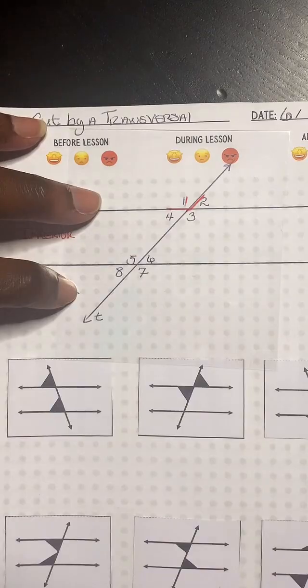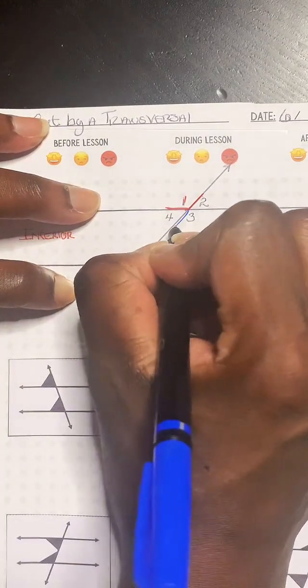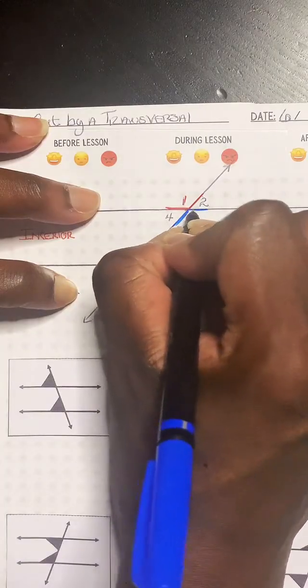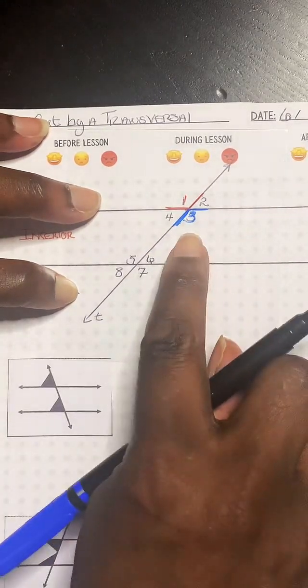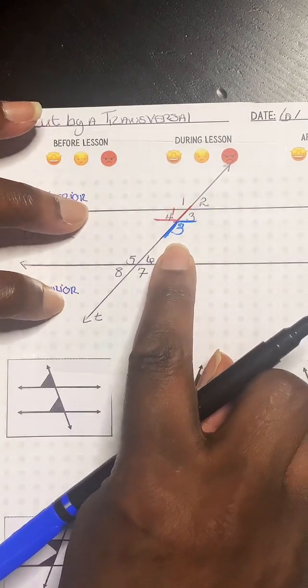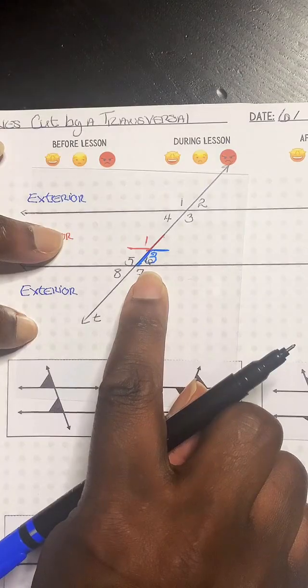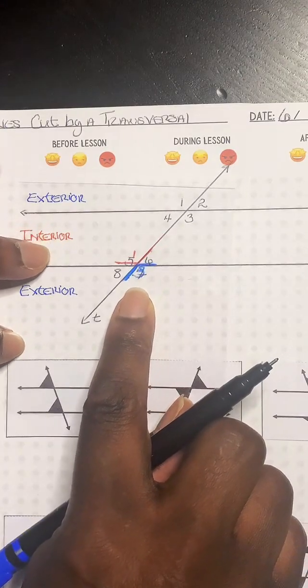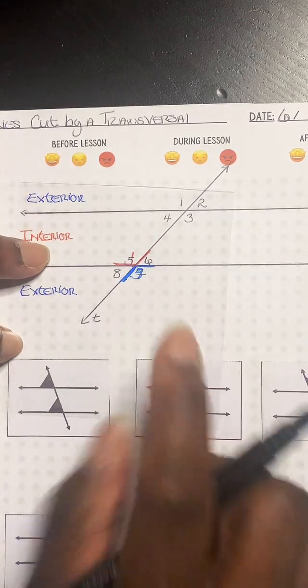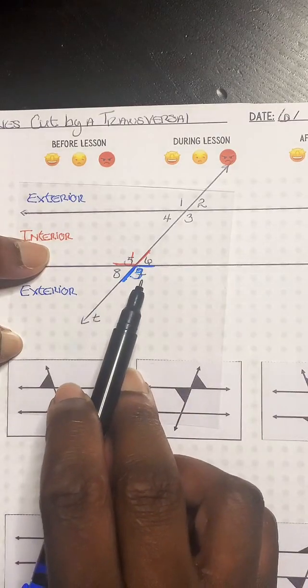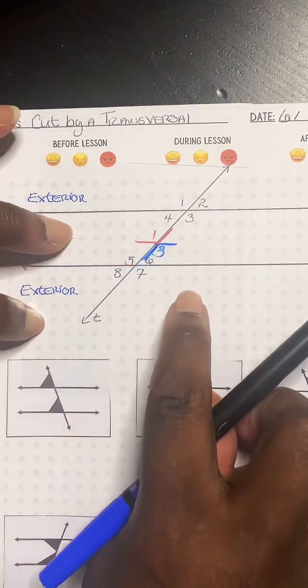So let me see if I can copy angle 3. If I look at angle 3 and I slide down my transversal, it's not going to lay over top of angle 6. But if I slide down a little further, it matches exactly with angle 7.